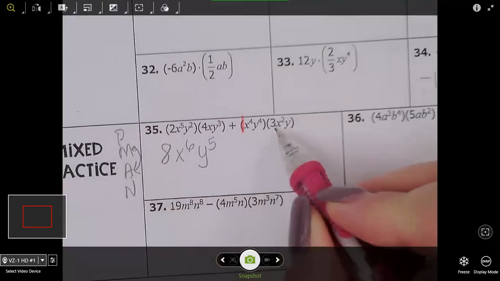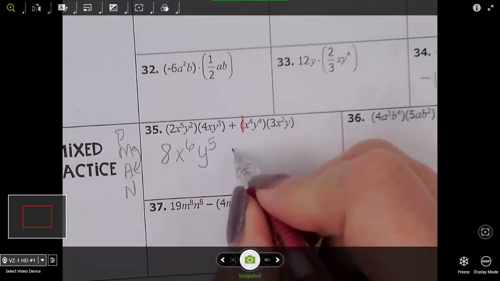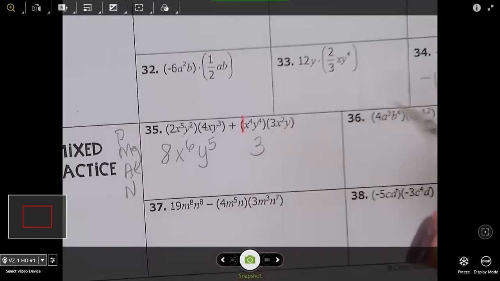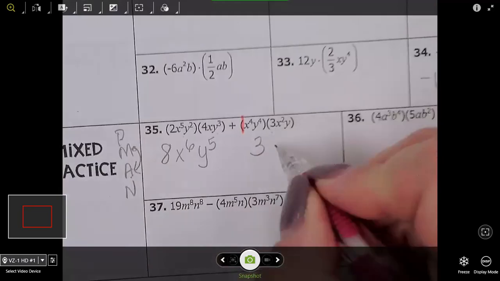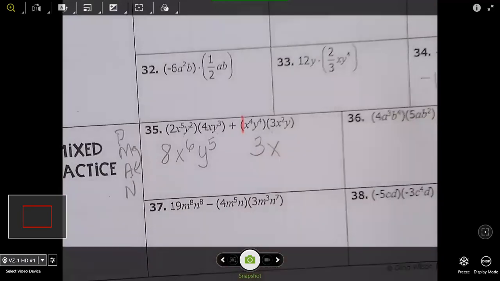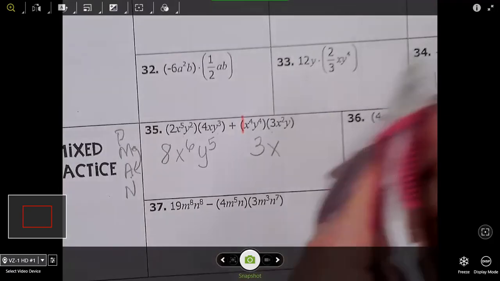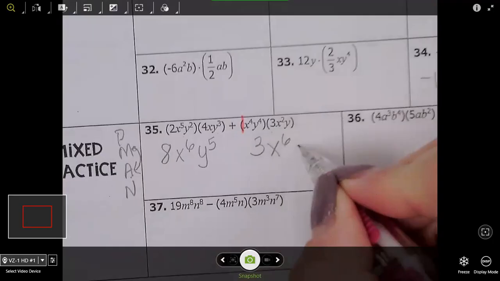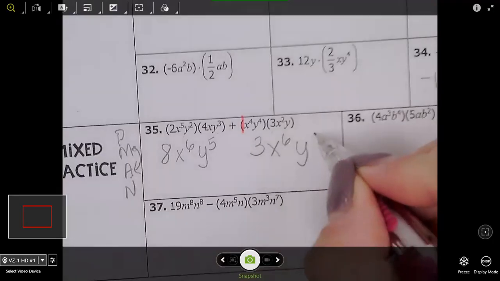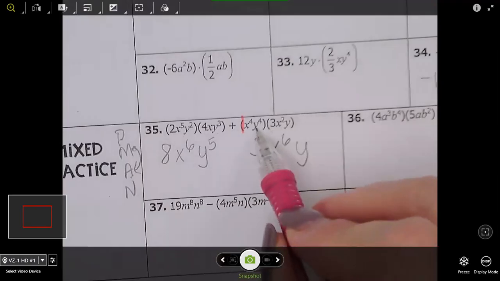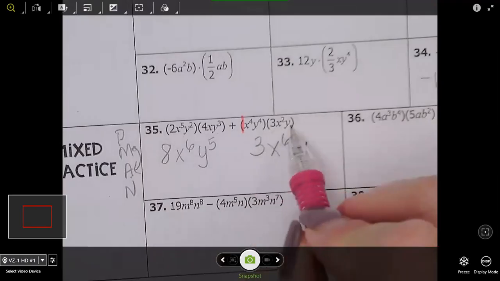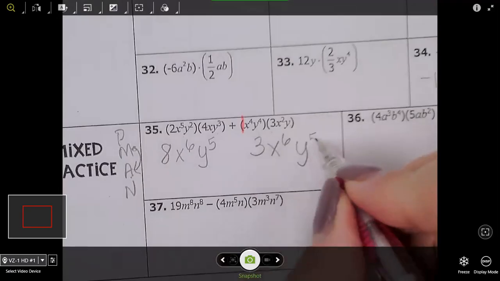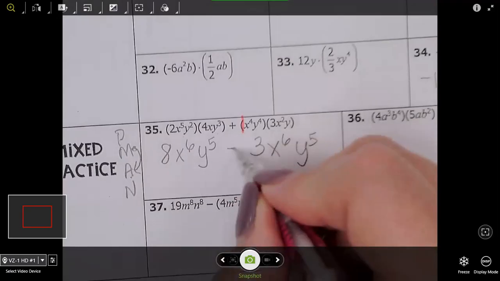So what's 1 times 3? 3. And now tell me what my x is going to be, Nicole. Good job. And what's my y going to be? So hold on. My y has a 4 and a 1. And then there was a plus sign in there.